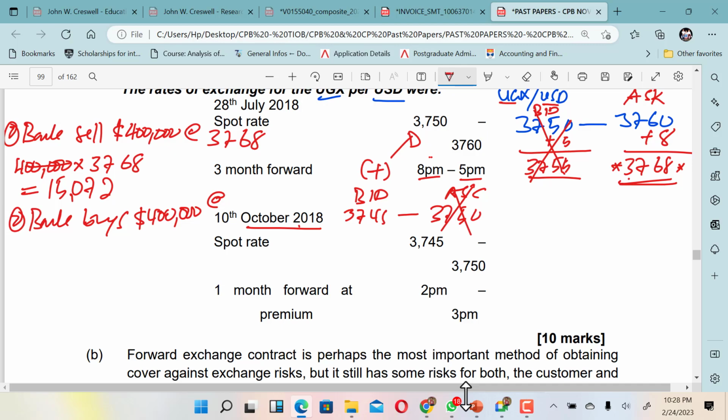Therefore, here it's going to be 400,000 multiplied by 37.45. Again, get rid of all these zeros. What will I get? $14,980.